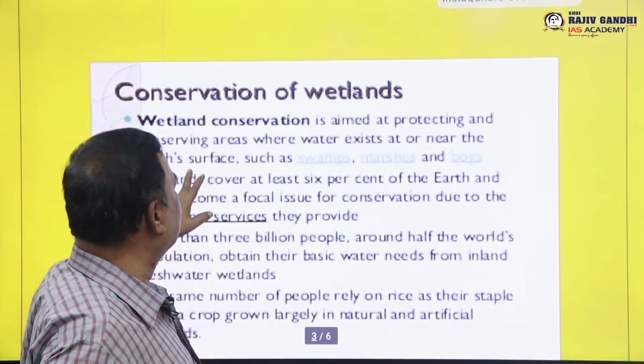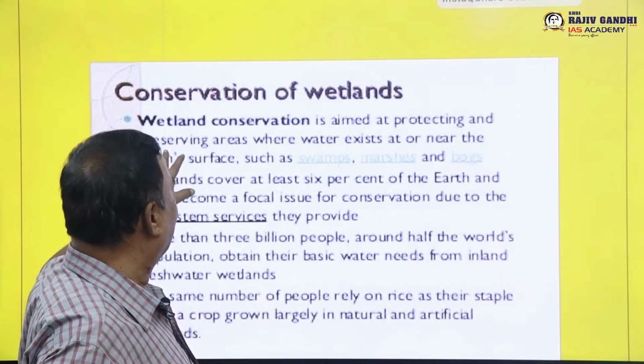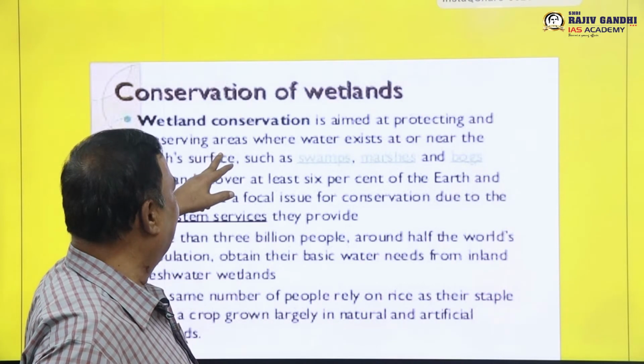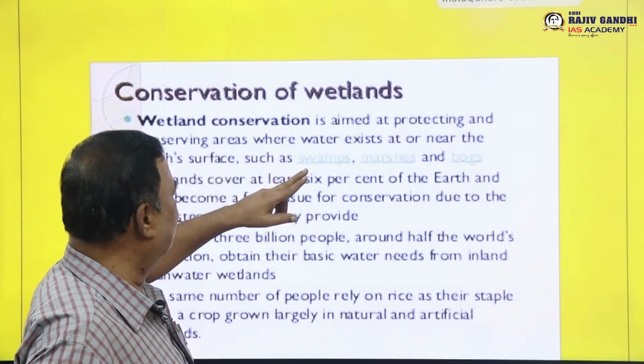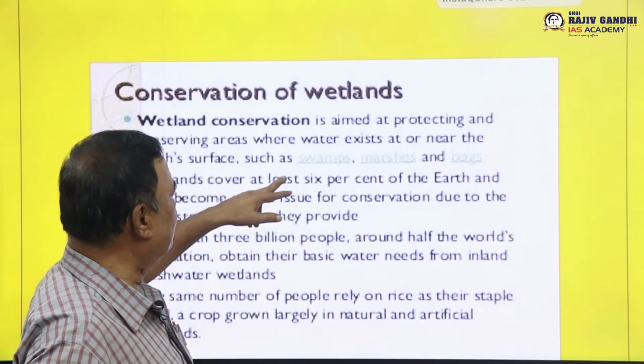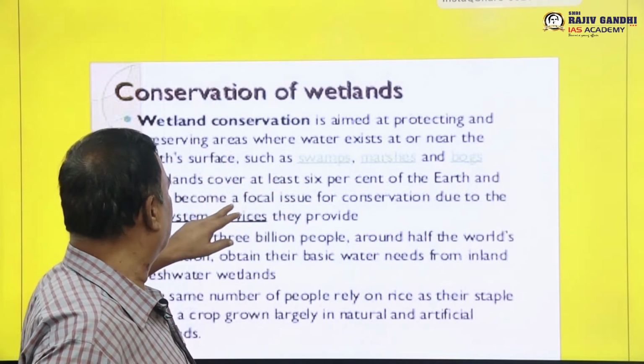Why should we conserve the wetlands? Wetland conservation is aimed at protecting and preserving areas where water exists on or near the surface, such as swamps, marshes, bogs.